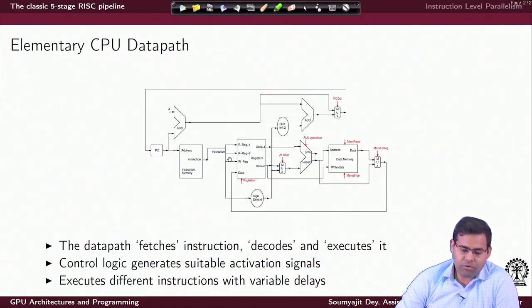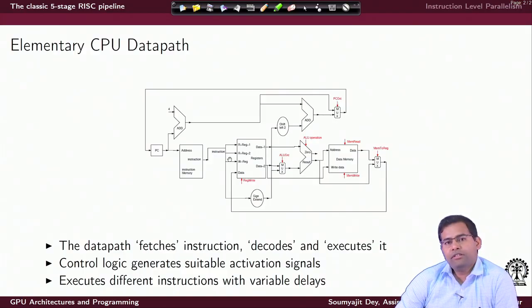Now, coming back to the question of data path. The data path essentially represents the flow of data among different functional units as captured in this picture: how exactly the data flows from each of the functional units, what their dependencies are, and, more importantly, how the flow of data is controlled. You can see that there are certain signal lines here marked in red.